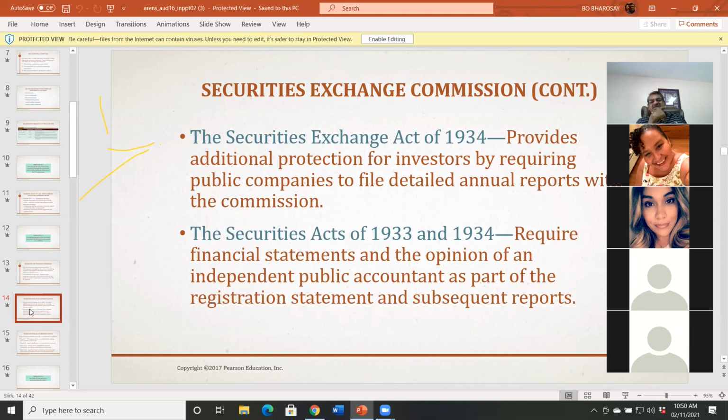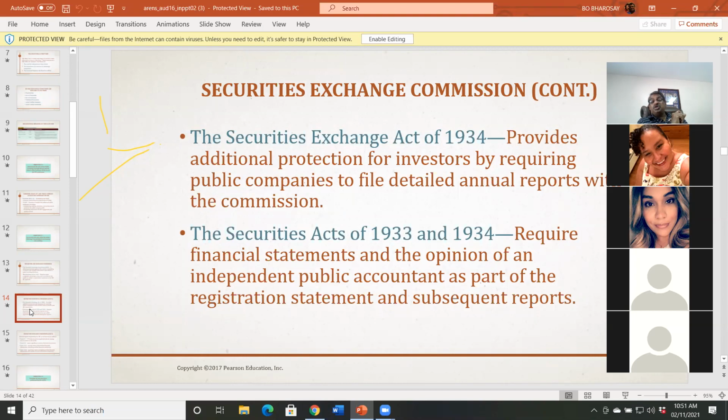The Securities Exchange Act of 1934 required that every public company must file an annual report with the SEC. That annual report is called Form 10-K. Included in that annual report should be audited financial statements. The Securities Exchange Act also requires every public company to file a quarterly report with the SEC, Form 10-Q.